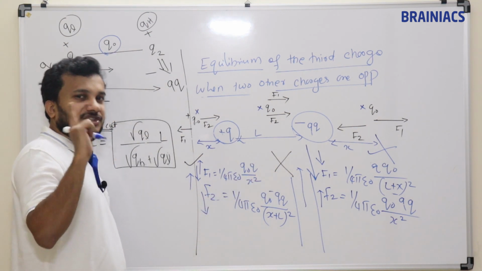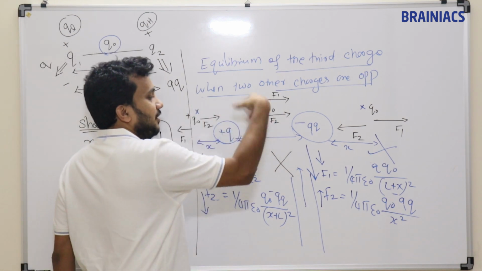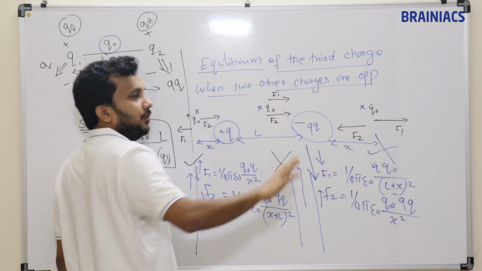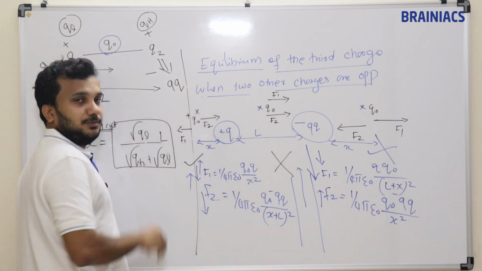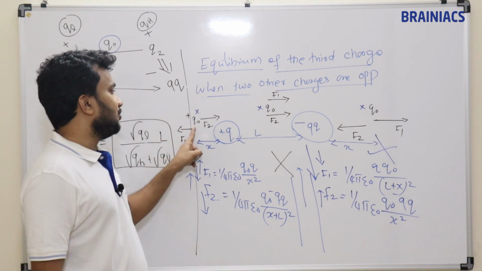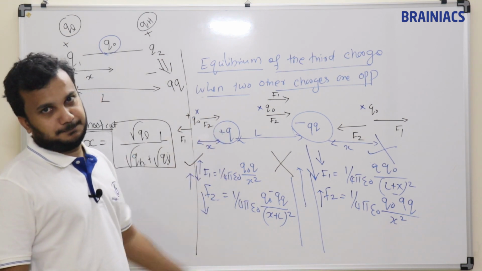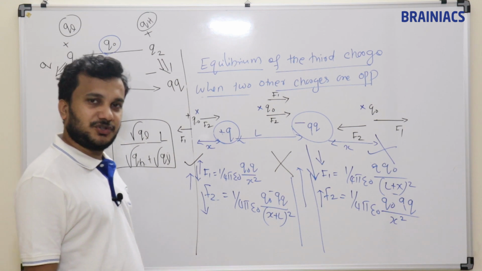Then we have only one chance. Now out of all the three options, initially we come to two options, left or right. Now right is also going out of scope. So we have only one position, that is the leftmost position. So this position may act as an equilibrium position.